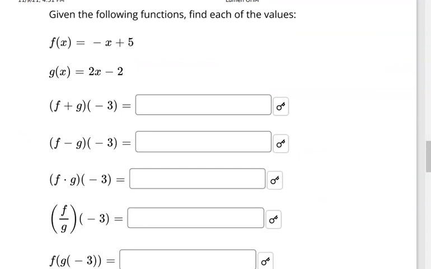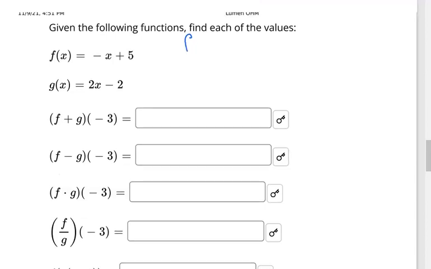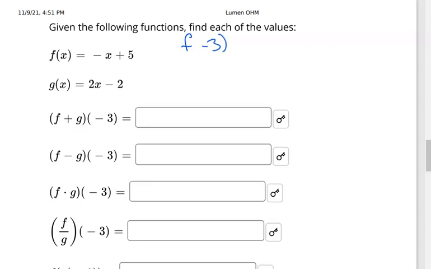Now with these, I'm looking for f plus g at a specific value of negative 3 for these first 4. So let's just figure out f and g at an input value of negative 3. Then we can quickly do the math. So let's just do it up here. f at negative 3 is equal to a negative 3 plus 5.